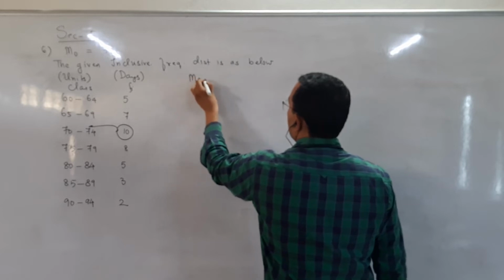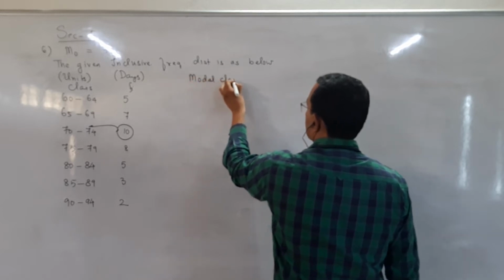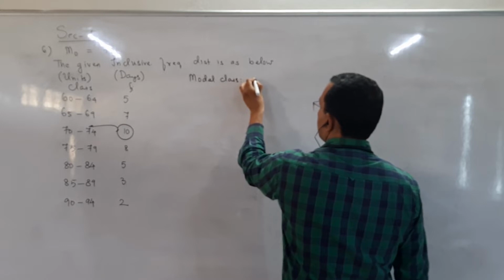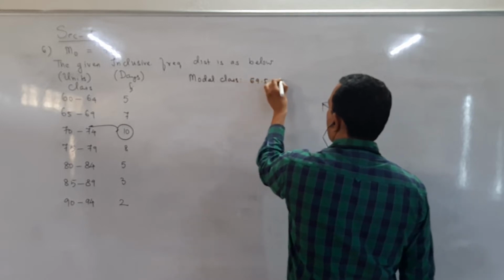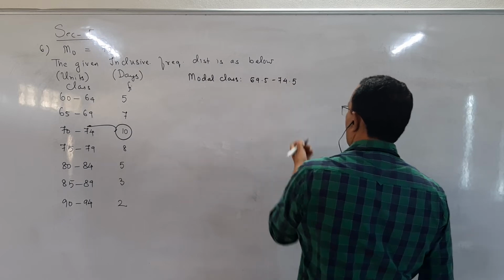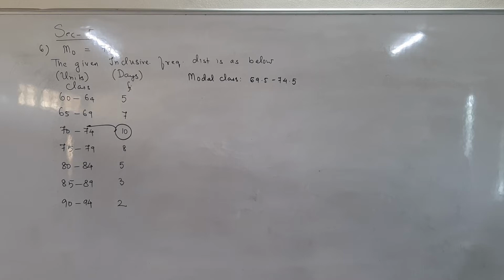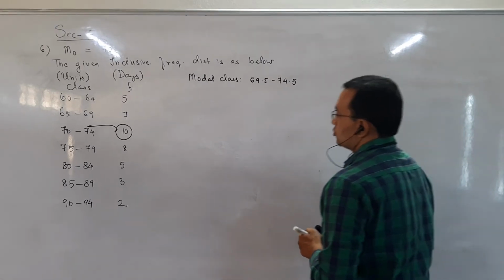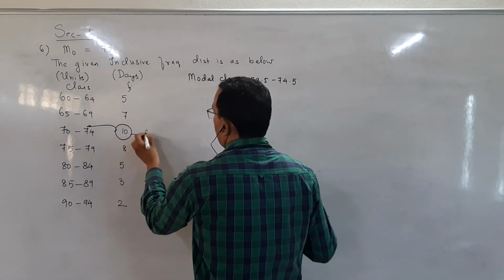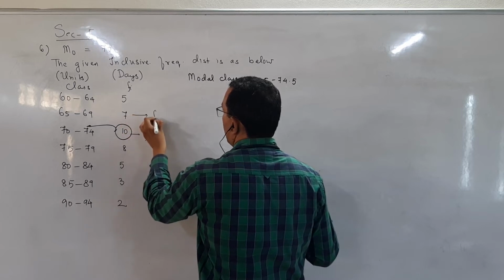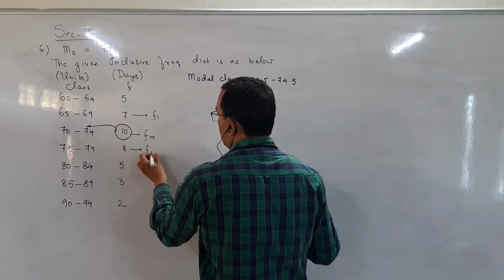So modal class is 69.5 to 74.5. Why this, students? Pay attention, because the given frequency distribution, students, is inclusive. So this will indirectly become f0, above value f1, below value f2.